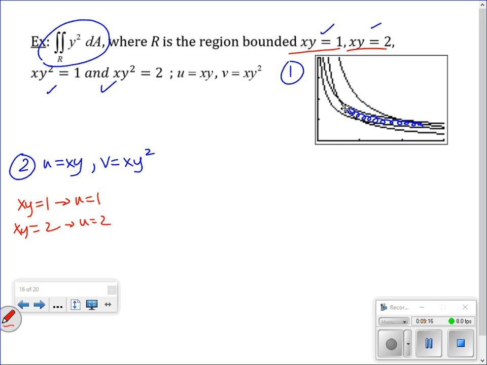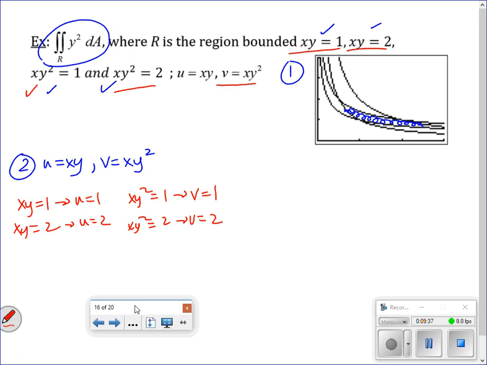Well, the other transformation equation I'm given is here. Well, that's v equals xy squared. So look right there. I got xy squared equals 1. That turns into v equals 1. And I got xy squared equals 2 right here. Well, that turns into v equals 2.